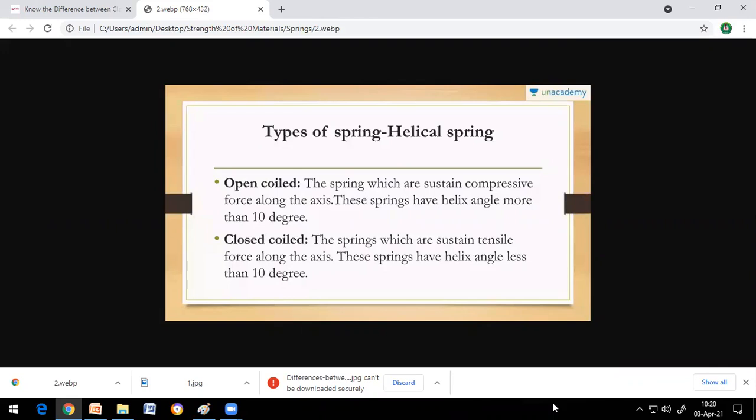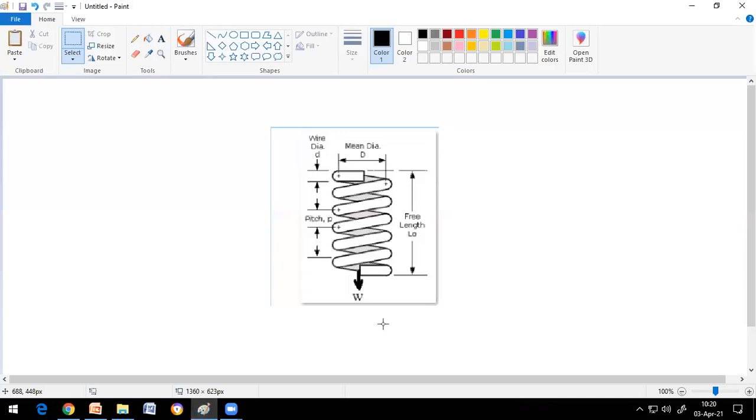So what do we mean by helix angle? How can you differentiate these two with respect to the helix angle of 10 degrees? Let me show you here, guys. Let us take a spring. The nomenclature of the spring is clearly described here.